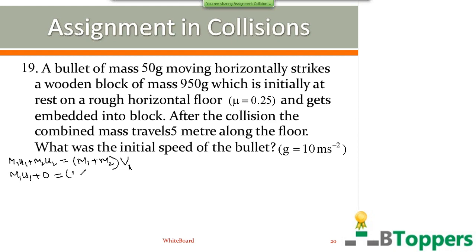Therefore, to find U1, we have to first find V1. So initial speed of the bullet before collision is equal to (M1 plus M2) into V1 by M1.